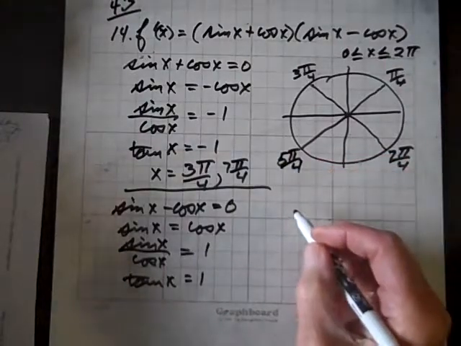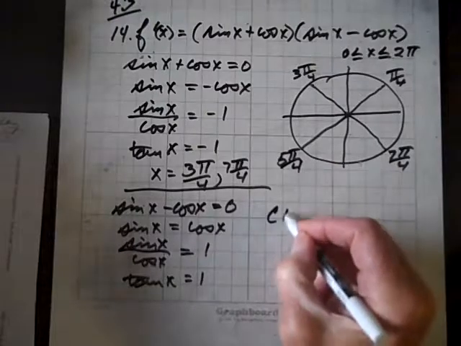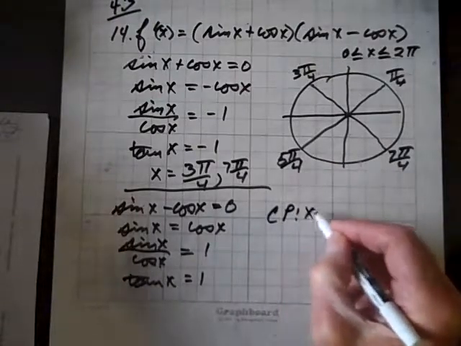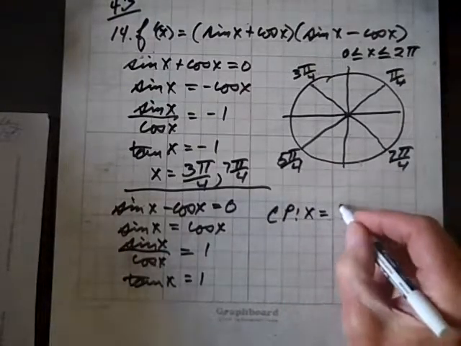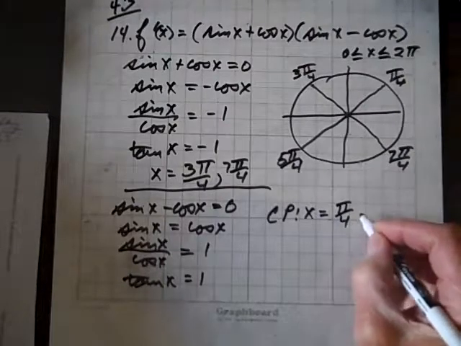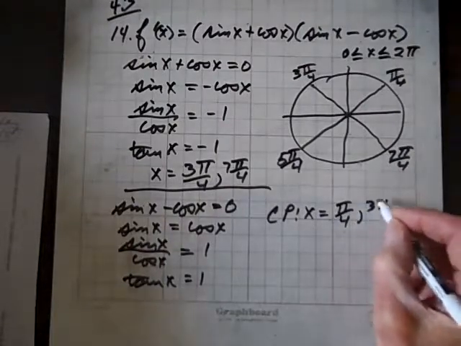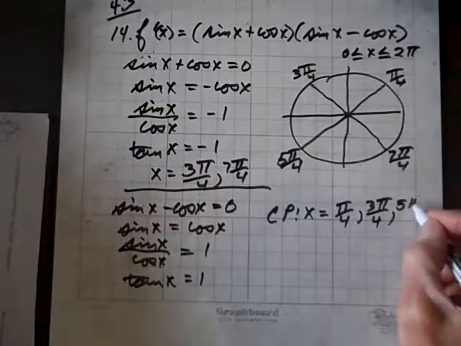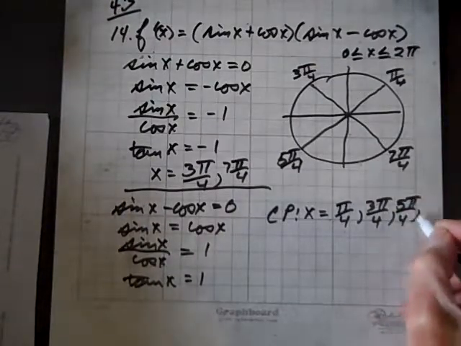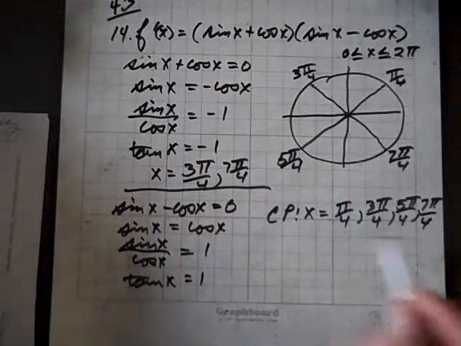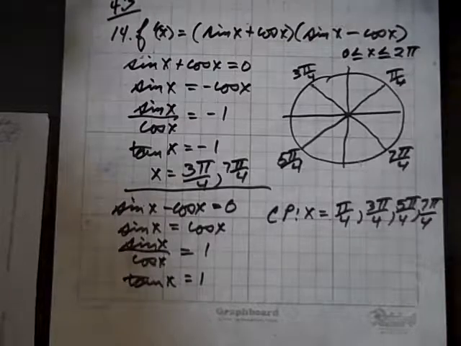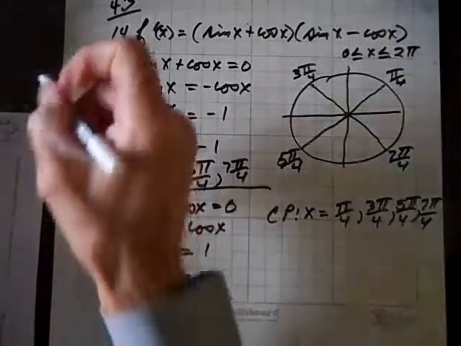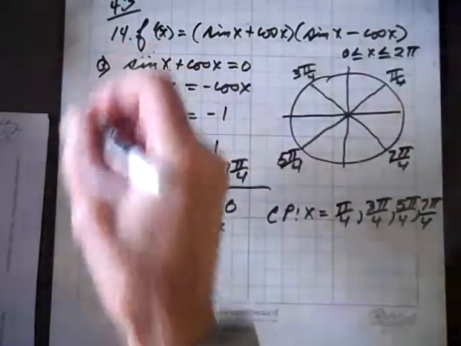So now the critical points are x equals pi over 4, 3 pi over 4, 5 pi over 4, and 7 pi over 4. Now, hold on to that. This was part A, we're going to do part B.